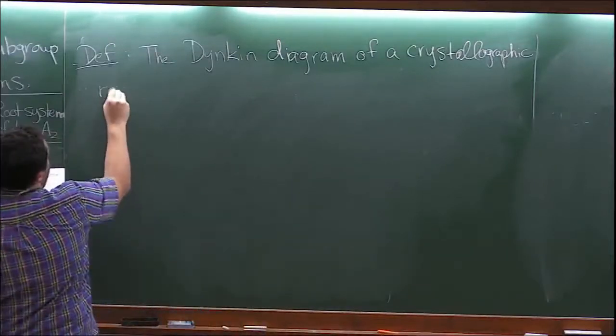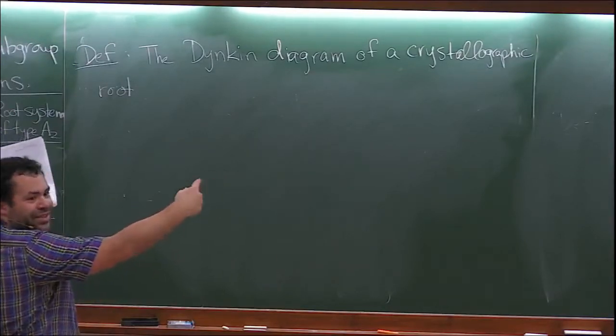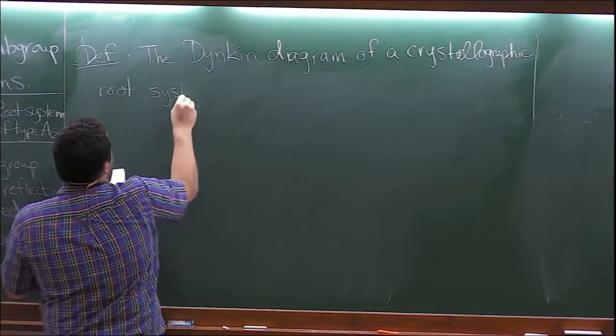To even define a Dynkin diagram, you kind of need it to be integers, because these integers tell you how many edges you have.